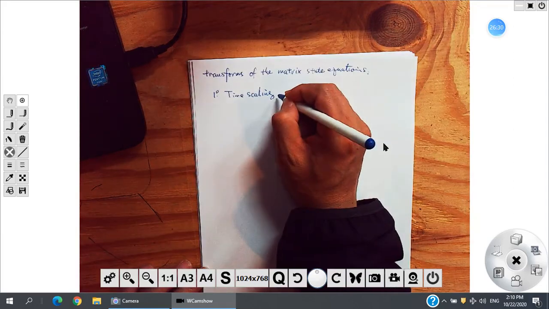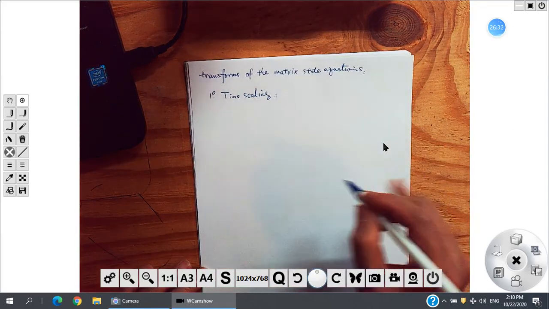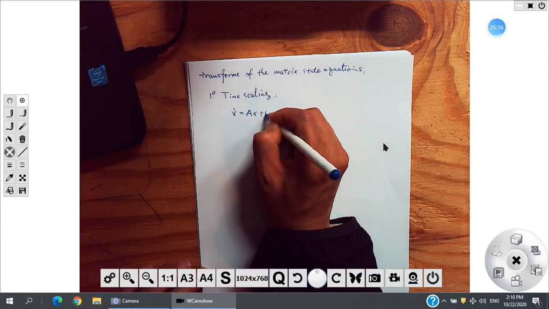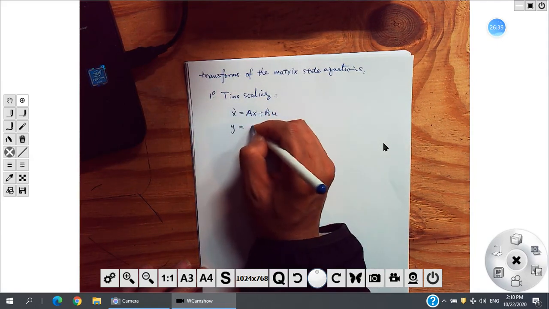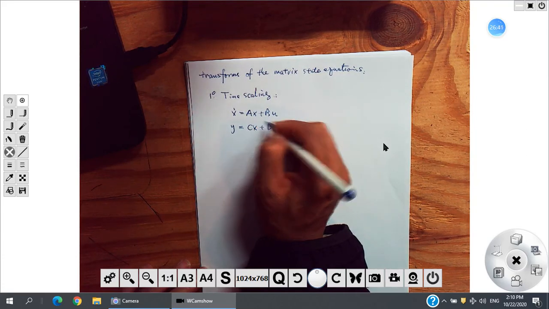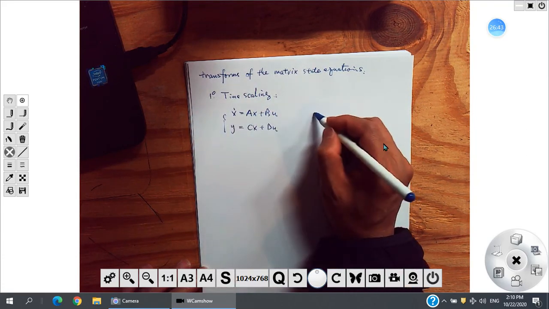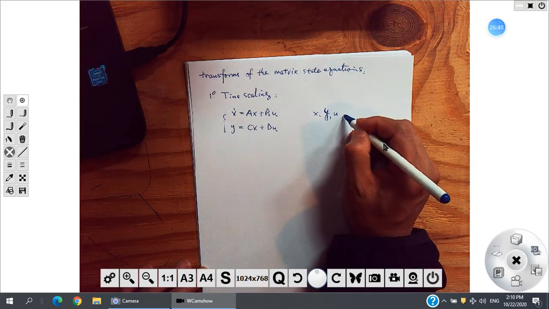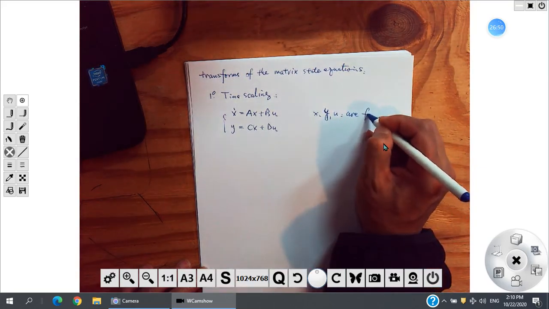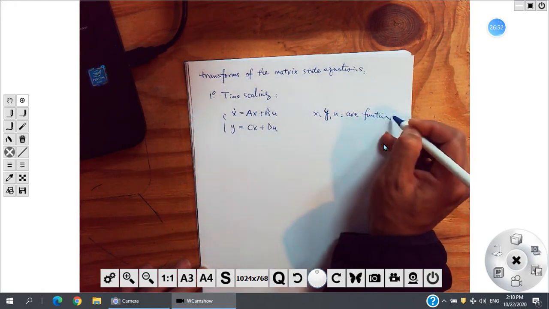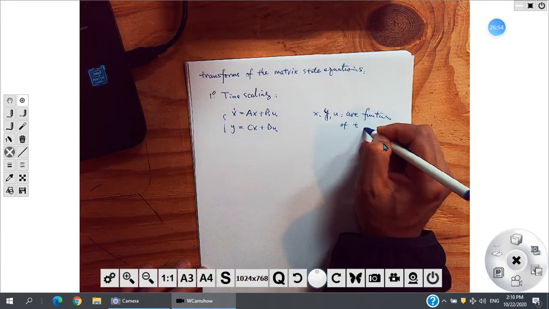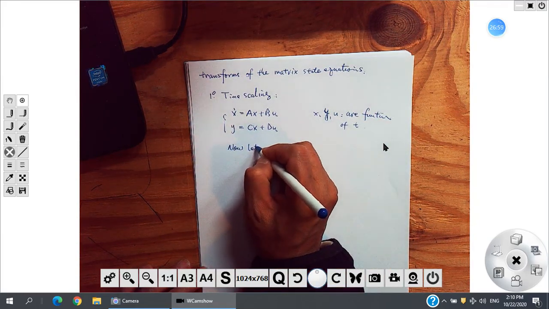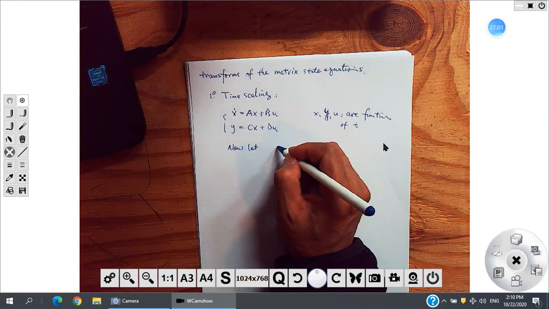Time scaling. Suppose I have x dot equal to Ax plus Bu and y equal to Cx plus Du. Actually here all these x, y, u, lowercase y, they are functions of time t. Now we can use a different t.